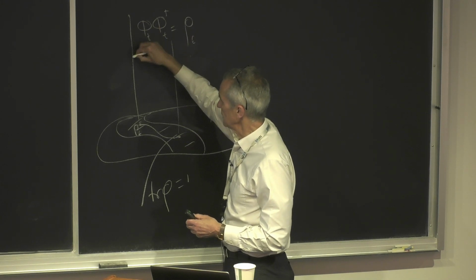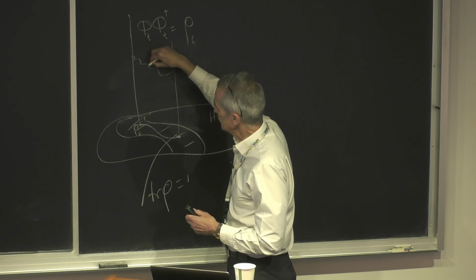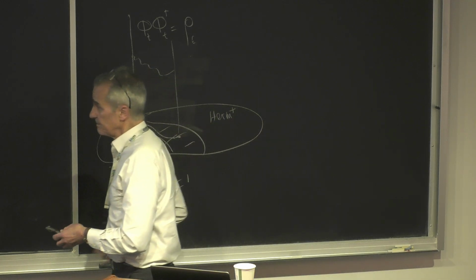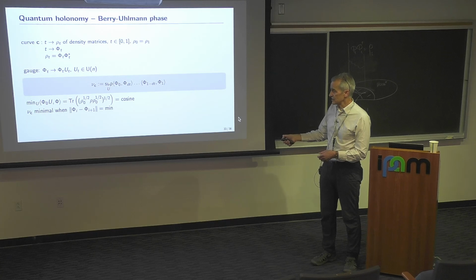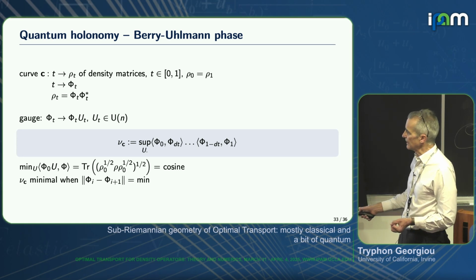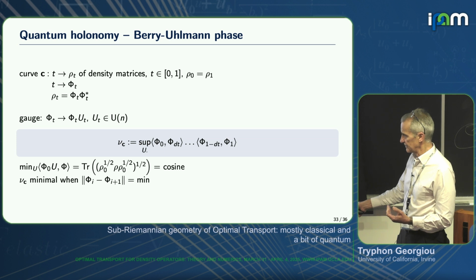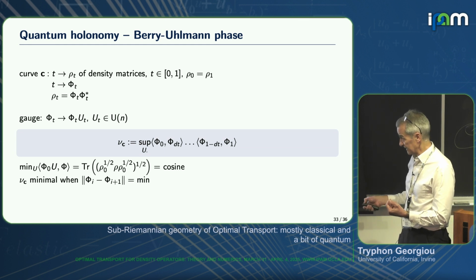And you can choose a gauge to minimize the angle between successive factors. So this is the trace of phi 0 star phi next. So this is basically a cosine, right? And you try to minimize it at every little step, and you stitch them together. This is minimal if and only if the distance between successive things is minimal. You see, because you have a choice of gauge.